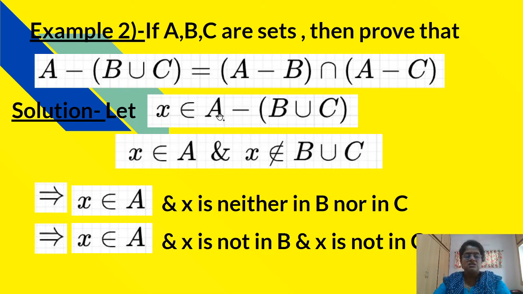Now, if X belongs to A minus (B union C), it means that X belongs to A and X does not belong to this set B union C. It implies that X belongs to A and X does not belong to B union C, means X is neither in B nor in C. And this sentence can be written as X belongs to A and X is not in B and X is not in C.